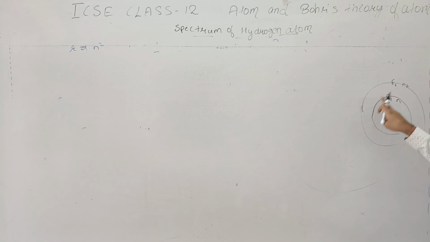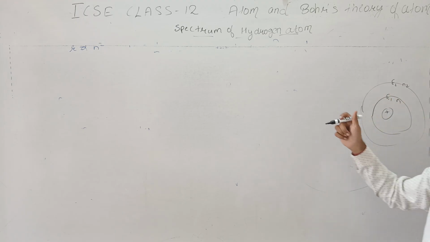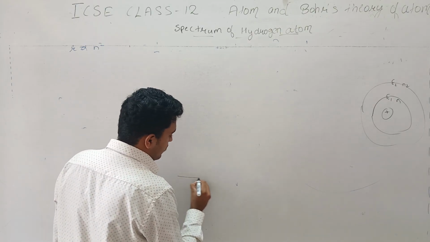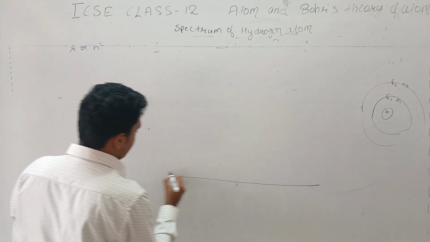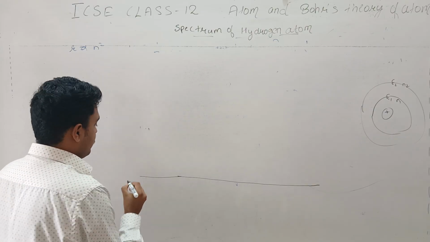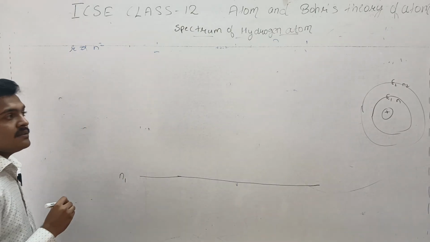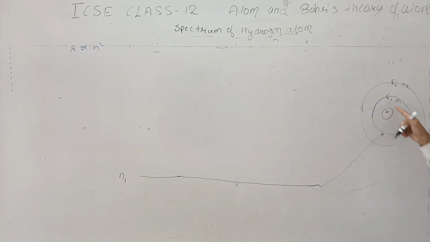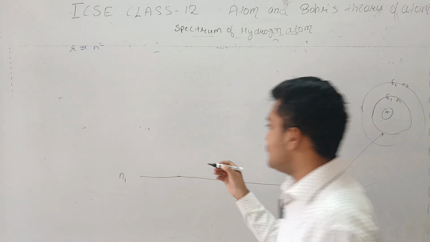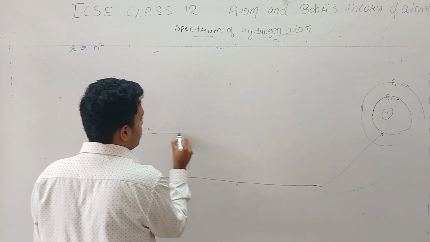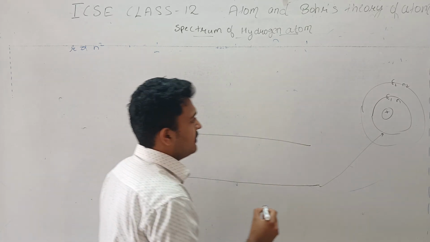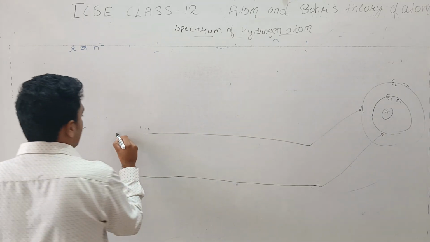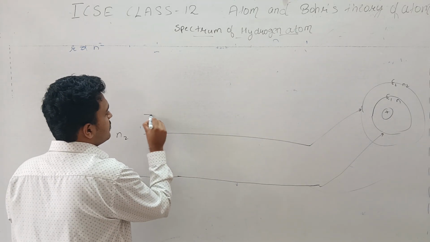So instead of drawing a circle, we simply draw a line and call it a state. Suppose this is our first state, n1, the ground state, which corresponds to the first orbital. Then the second state corresponds to the second orbital, n2.